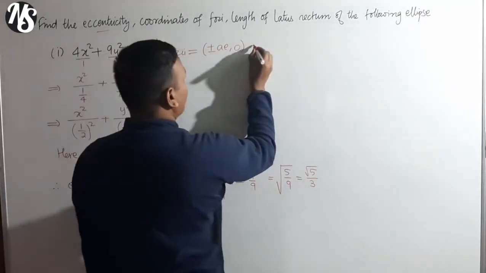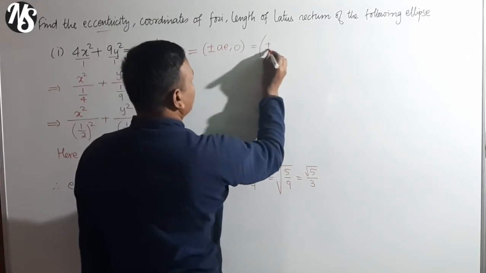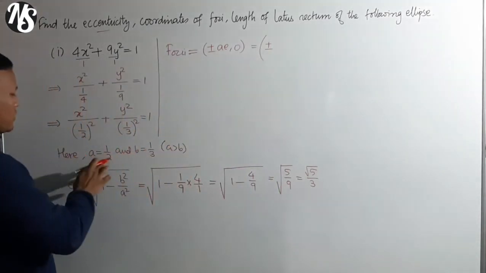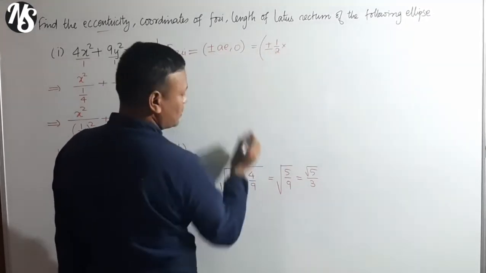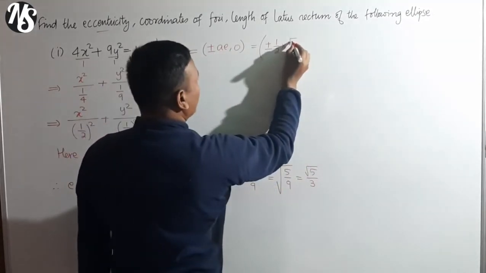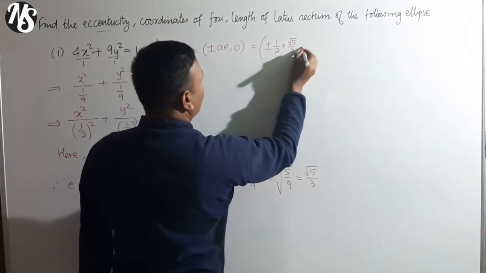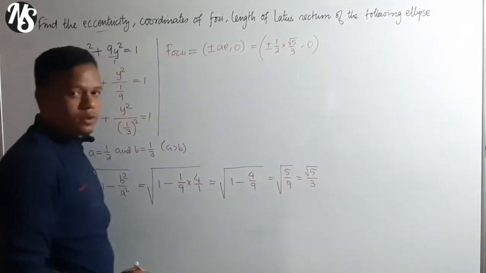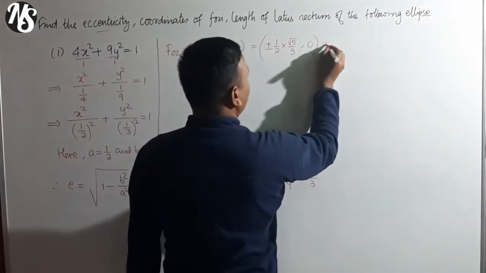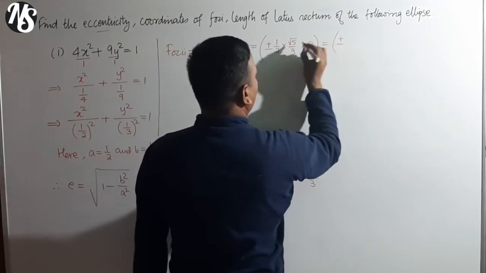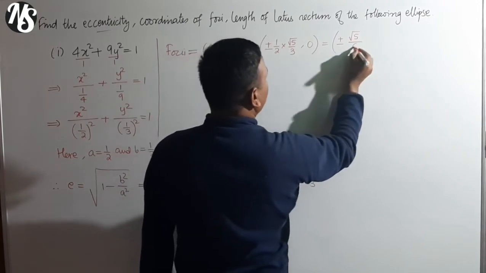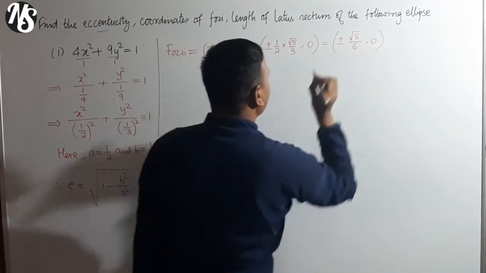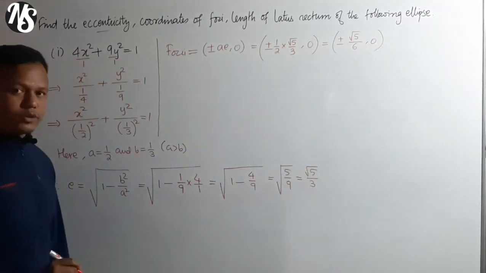So we have plus minus A. A is how much? A is equal to half. And what is E? E is root 5 by 3 comma 0. Okay. Simplify this. This will turn out to be plus minus square root of 5 by 2 into 3 is 6 comma 0. So this will be the coordinates of your foci.